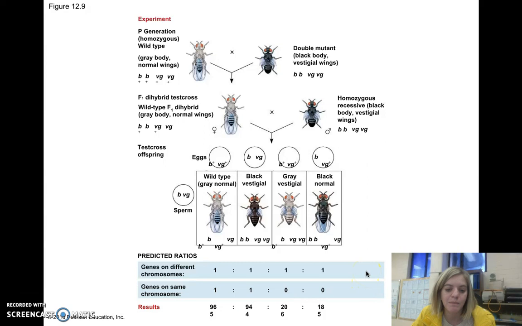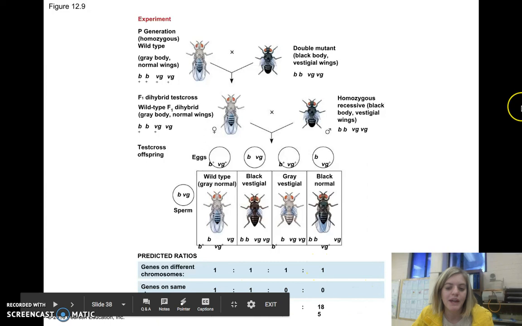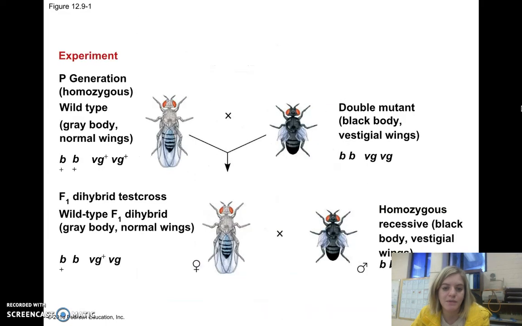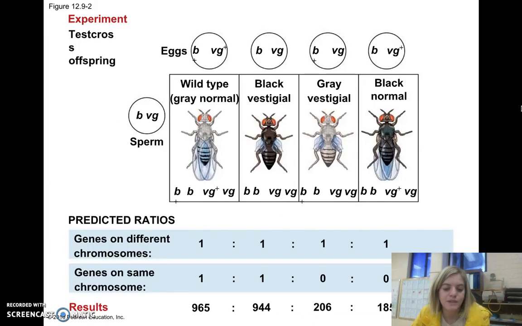We would expect they assort independently, and we would see about an equal ratio of them. But instead, we tend to see a lot more of them on the same chromosome, and so because of that, we saw a lot more of the parental phenotypes, and we were able to deduce that those genes were on the same chromosome. So you can see that here a little bit more closely.